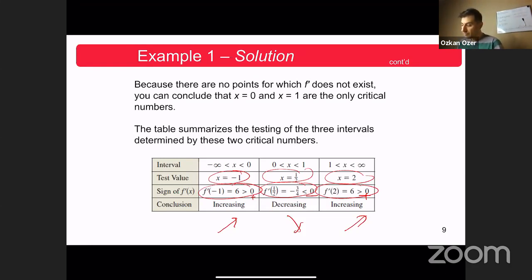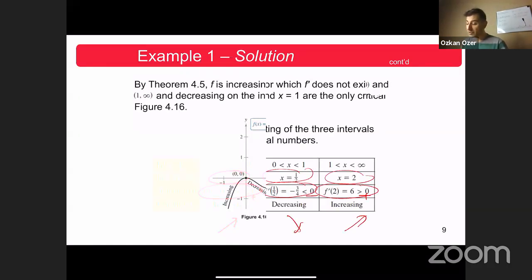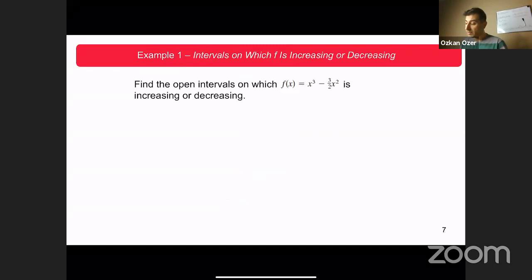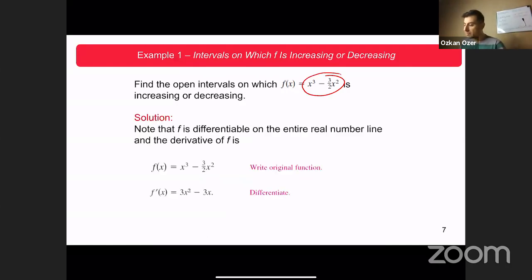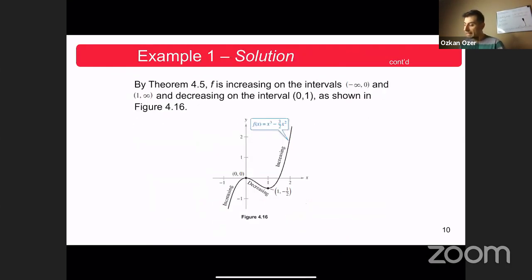Okay. And you can actually go ahead and graph the function. Let's see, graph the function x cubed minus 3 halves x squared, and you can put the x min to be -1, x max to be 2, and make sure you get the same graph.